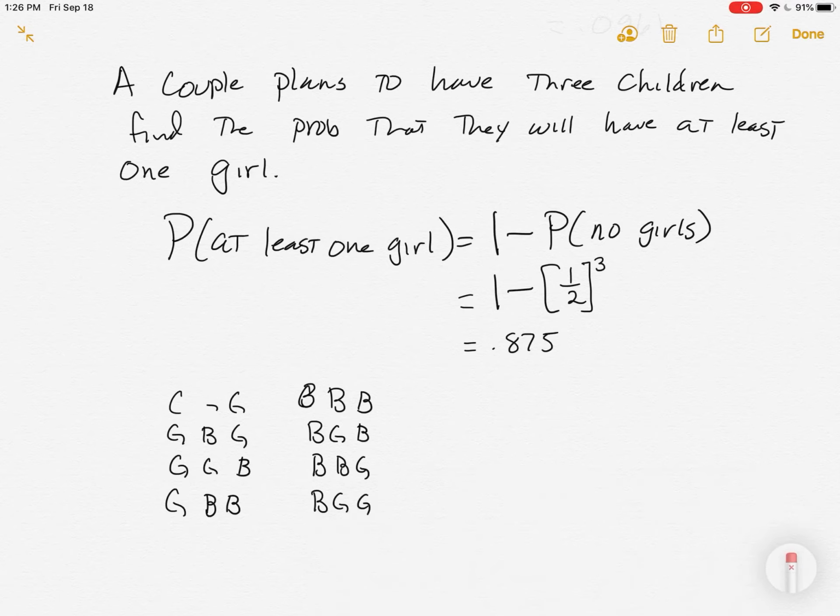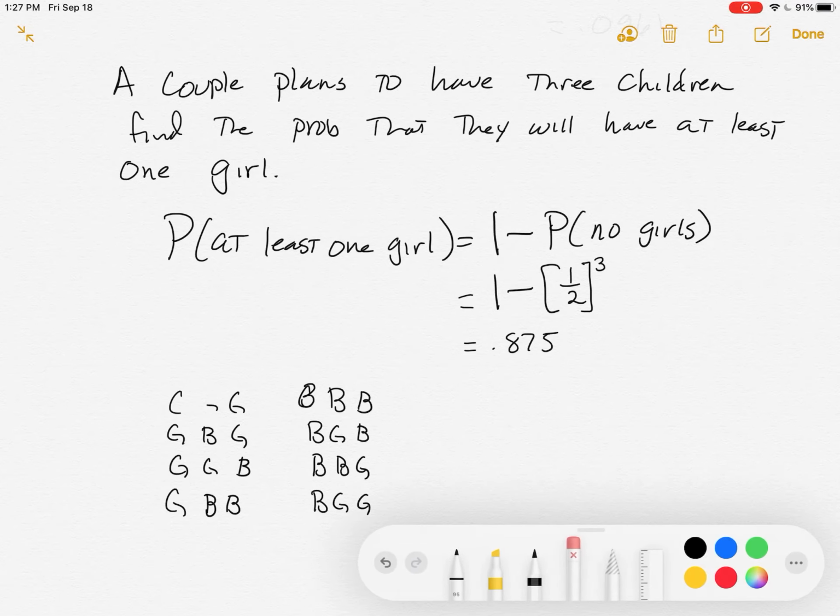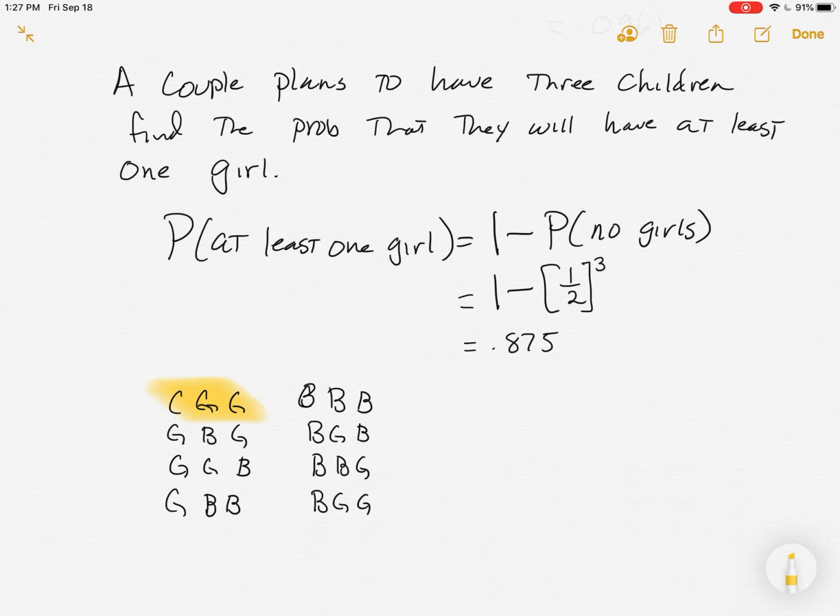So this one has, oops, sorry, I grabbed the eraser and not the highlighter. This one has at least one girl, this one, all of these have at least one girl. The only one that doesn't is this last one.